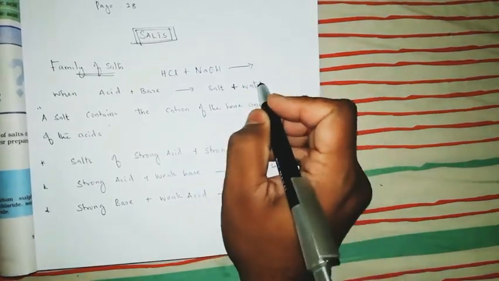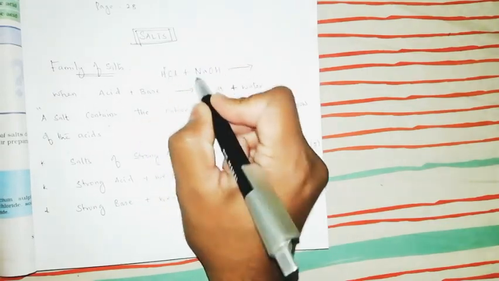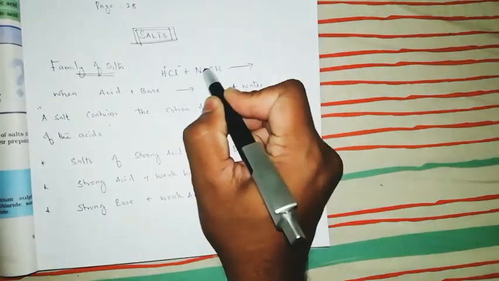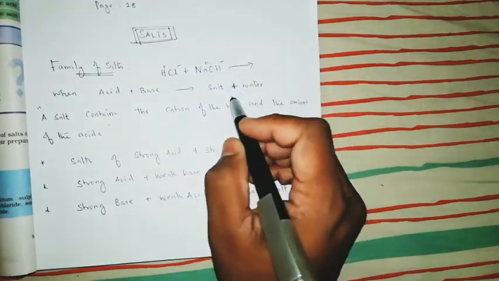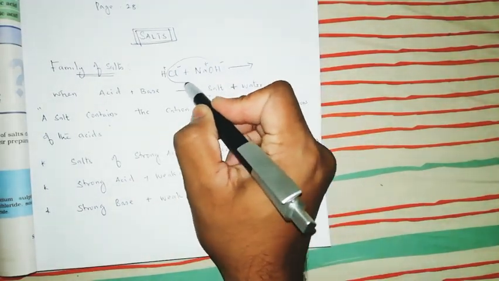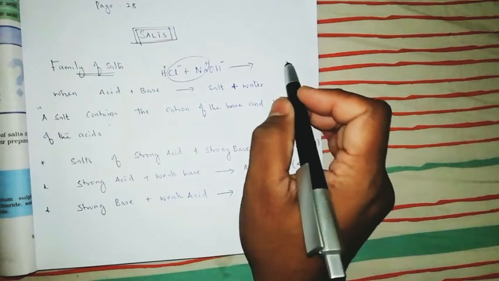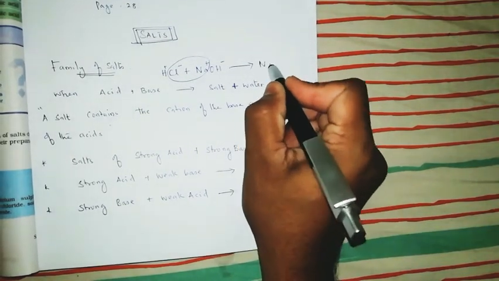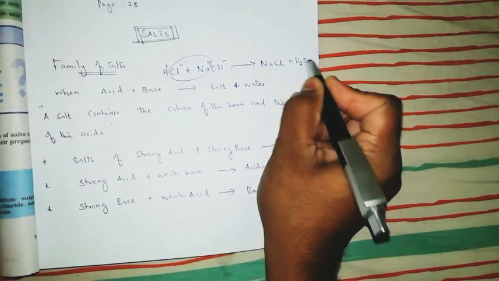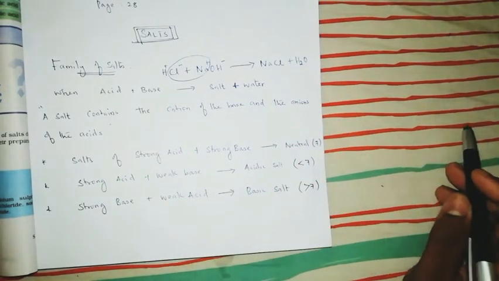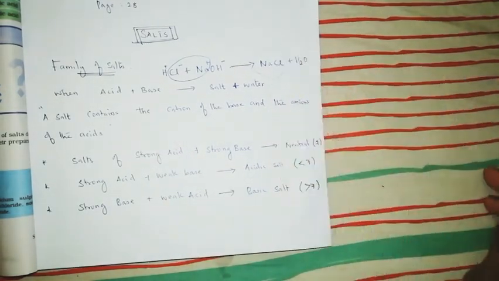When they react with each other, H is positive, chlorine is negative, Na is positive, hydroxide is negative. So the positive will go and catch the negative ions. So what happened? It gives the salt sodium chloride and the remaining water. So this is how the salt is produced.